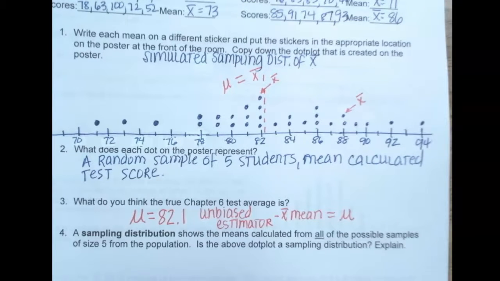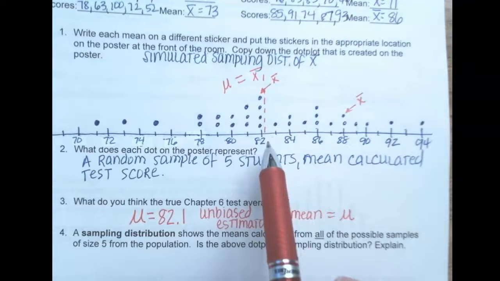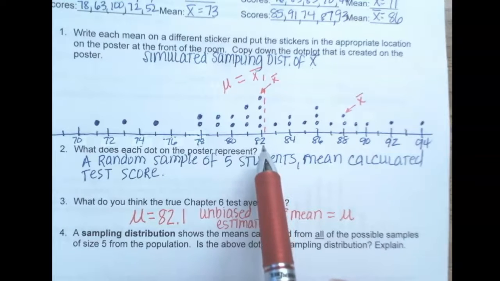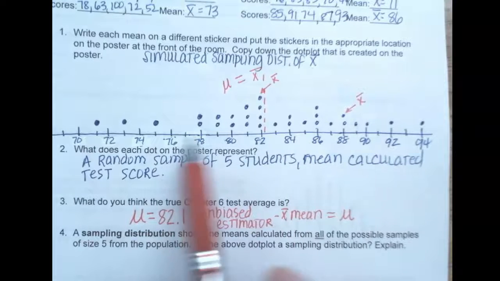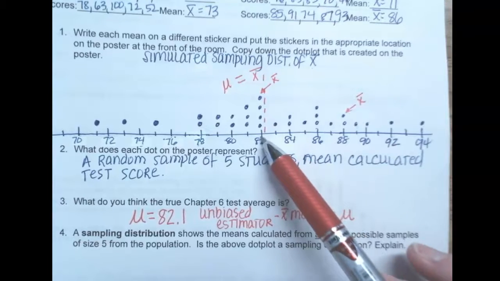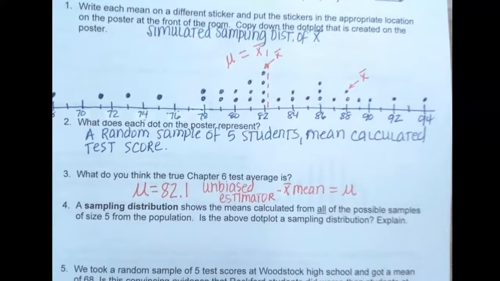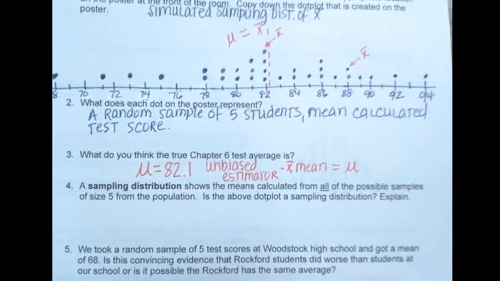And I would just want to keep bringing that idea back, as it's going to center around the true population mean. Normally you don't know what the population mean is, and so you're using the sampling distribution to estimate it, and if you have an unbiased estimator, they should match. That's the whole point of the foundation of what we're trying to lay down here.